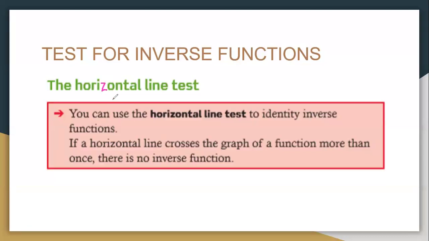What do we mean by horizontal line testing? Horizontal means that you draw a horizontal line. After drawing your horizontal line, you check whether the line cuts that function at more than one point, then it means that function does not have an inverse. An example.